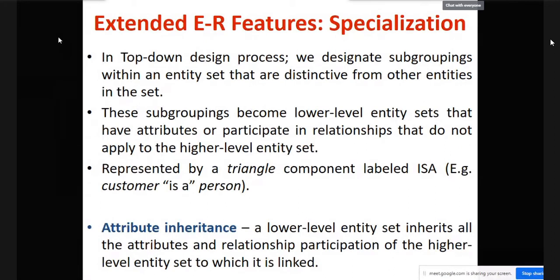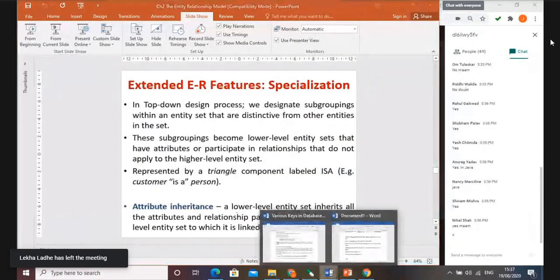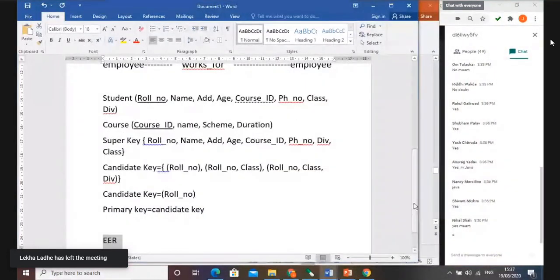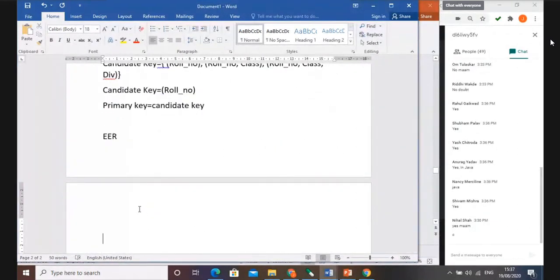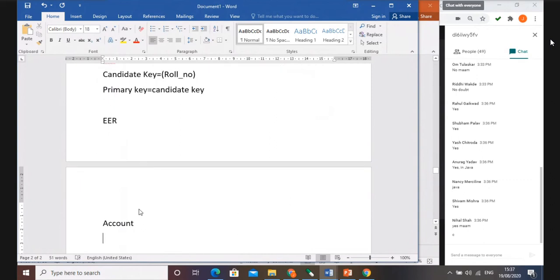Suppose I have account as one of my entities in a bank.